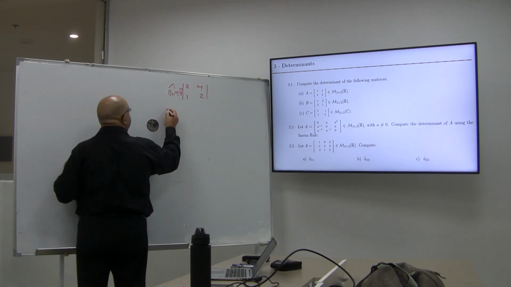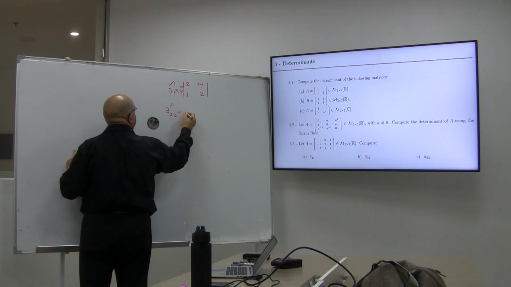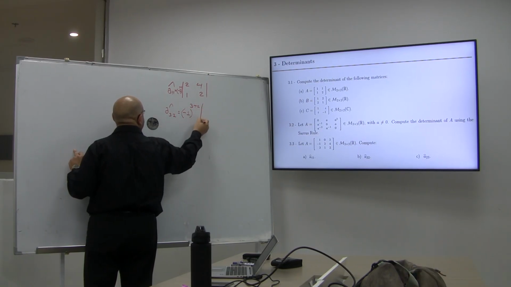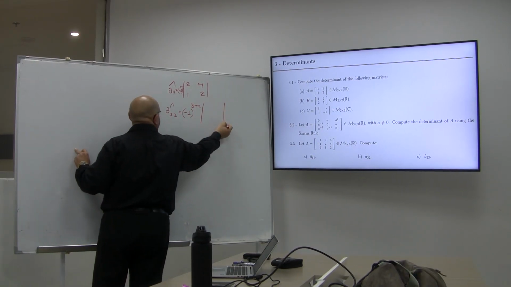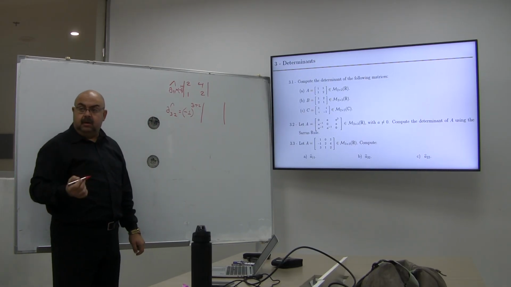complement of element A32. Any ideas? Am I right? Then 3 by 2, which means third row, second column.